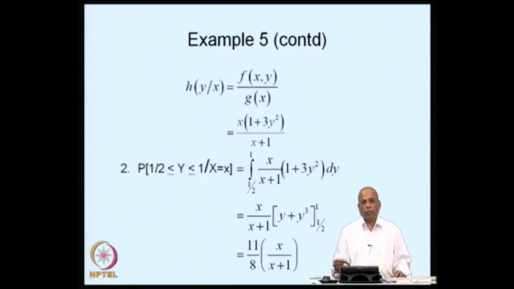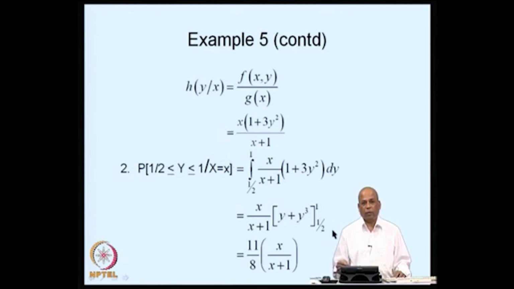From this we should be able to talk about the probability of y lying in a certain region for a given x by simply integrating the associated PDF. So, we integrate the associated PDF over the region y equal to half to y equal to 1 and get the probability that y lies in this region for a given value of x.